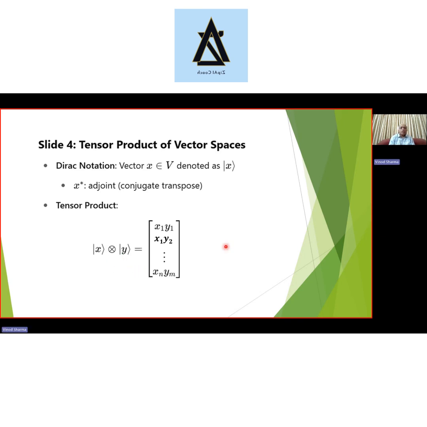Then this tensor product can be given by this column vector, where the elements are x1y1, x1y2, up to x1ym. It goes on like this. Then x2y1, x2y2, and so on, all the way till xnym. Therefore, the dimension of this tensor product vector is n times m, while these have dimensions n and m.